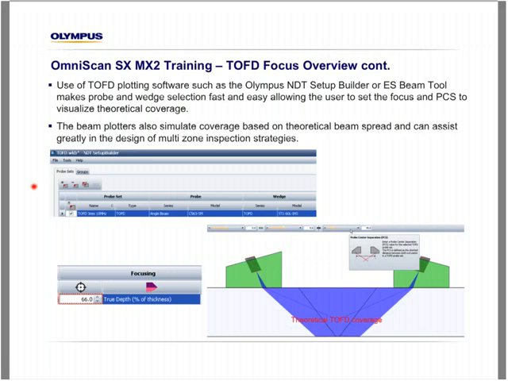Both the ES beam tool and the Olympus setup builder contain beam plotters where a percent thickness or specific depth can be created to help the operator visualize the PCS and the proper angle, all of which are essential variables in the Toth inspection scan plan.